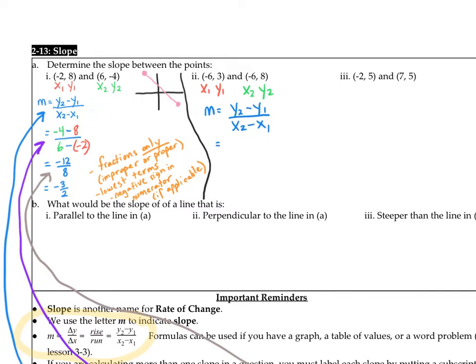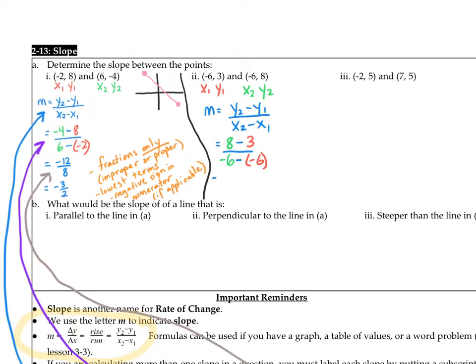And now substitute. y2 is 8, so the second y is 8, and the first y is 3, over the second x is negative 6, and the first x is negative 6.